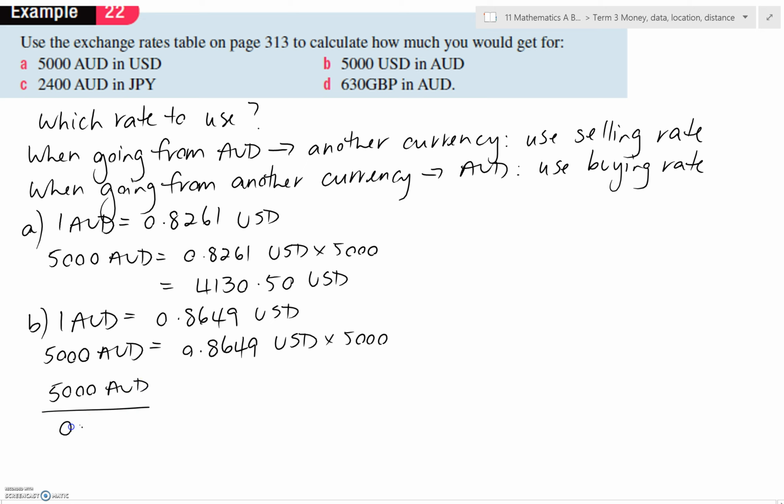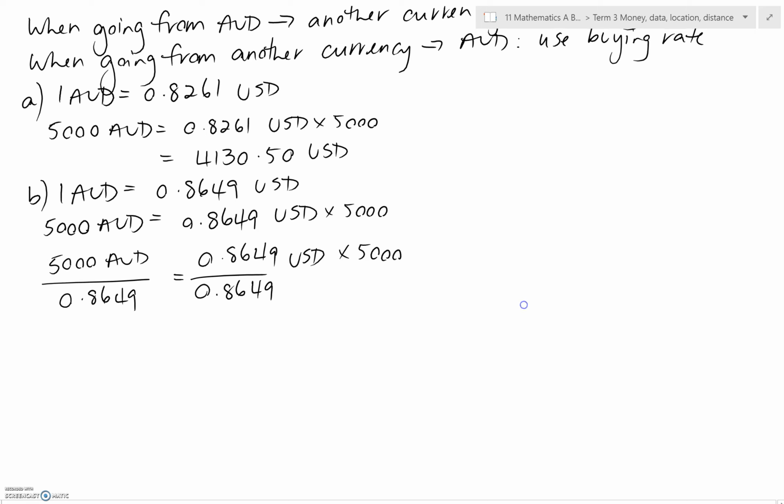So the method is no different. 0.8649 divided by 0.8649. So the goal here is to get that number in front of the US dollar to be 1. 1 times 5,000 is 5,000. So what that is going to give us is 5,781 Australian dollars is the same as 5,000 US dollars.